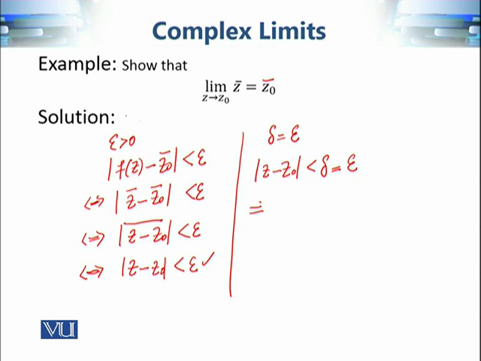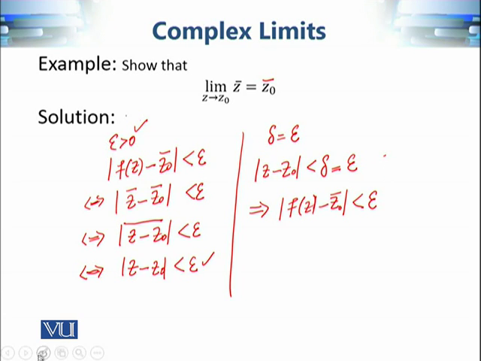So this inequality implies that the distance between f of z and z0 conjugate is less than epsilon if we take the distance between z and z0 to be less than delta, and delta is basically equal to epsilon in this case. So for this epsilon we have found this delta such that this condition holds.